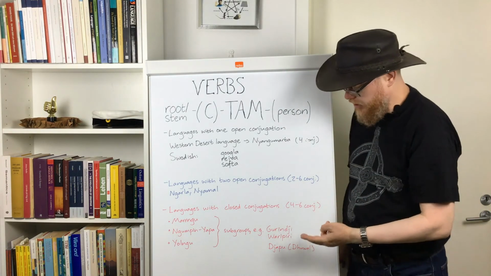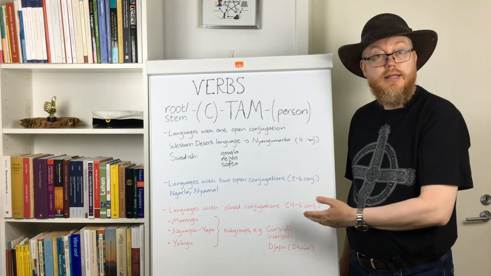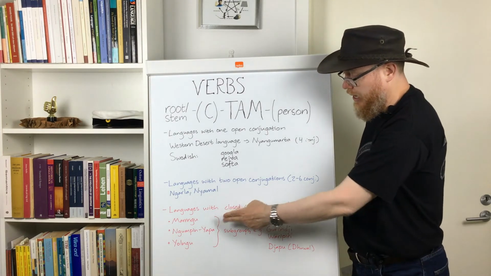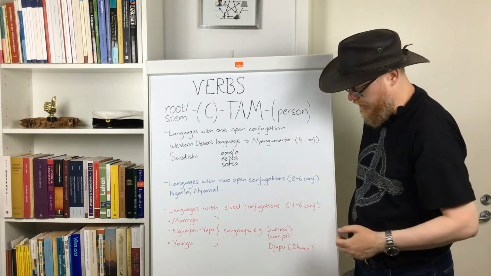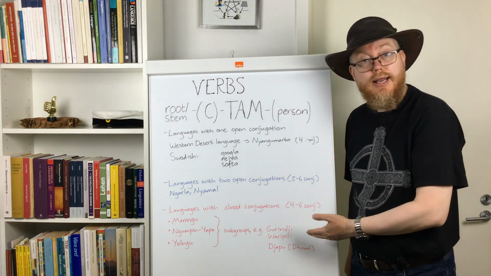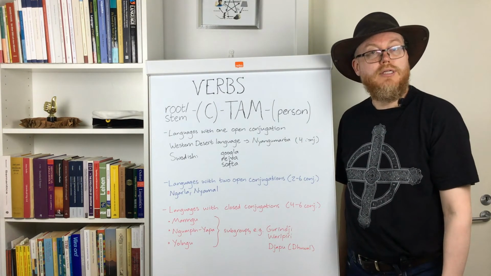A few examples are Gorinji and Walberi in north-central Australia, which are both Ngombinyaba languages, and Yolngo and Jabo, a dual dialect, which is a Yolngo language, is what I should say.